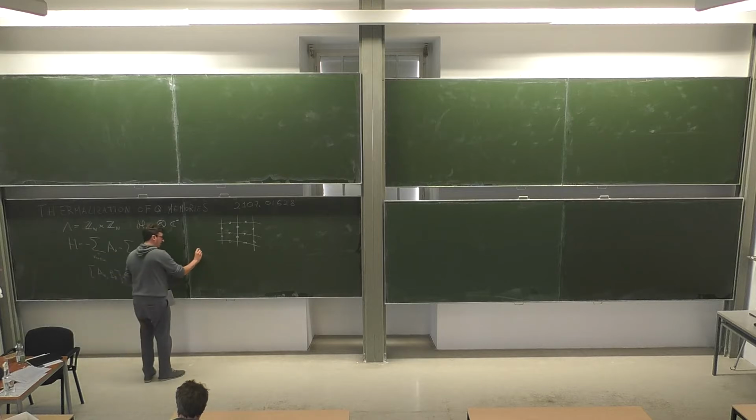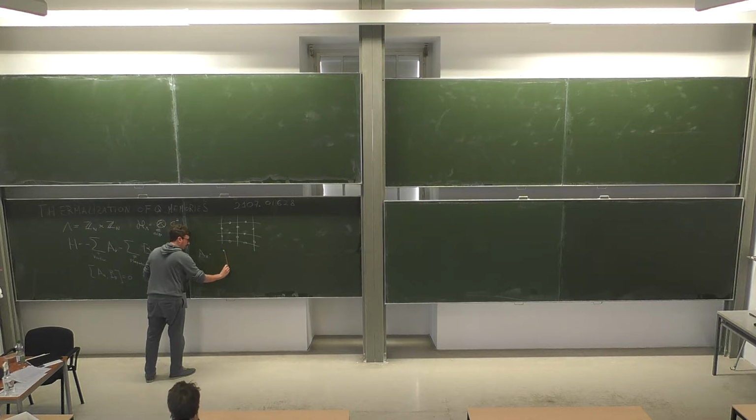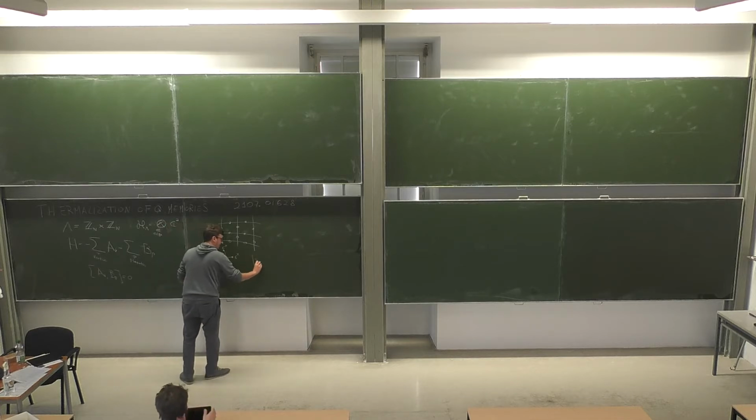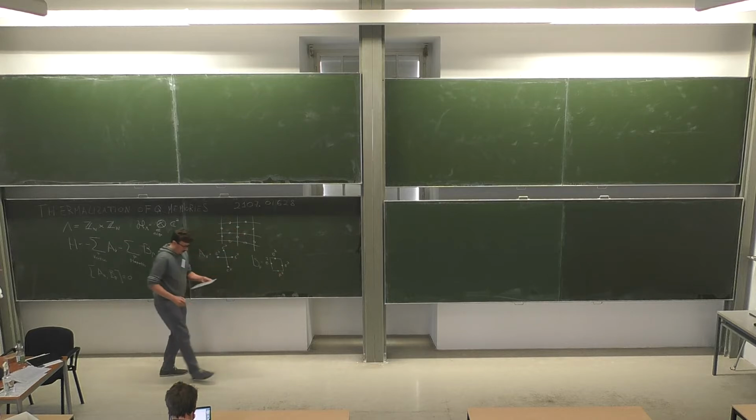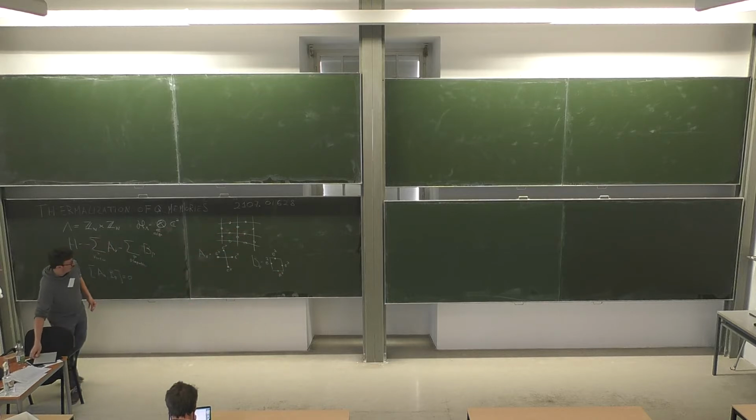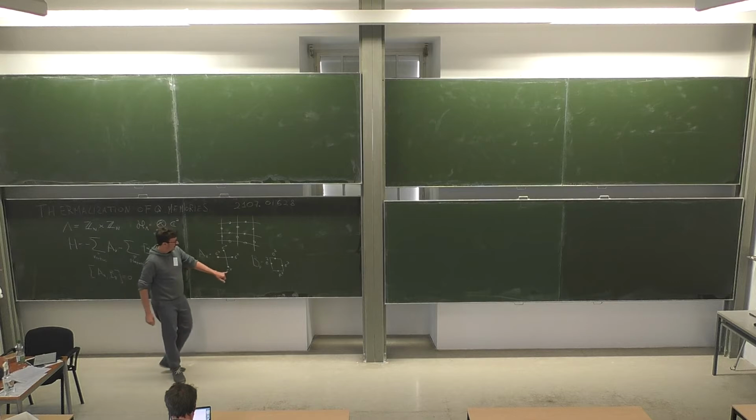So the star is the tensor product of 4 Pauli X, and the plaquettes are a tensor product of Pauli Z. And you can check that they commute because Pauli X and Pauli Z anti-commute.